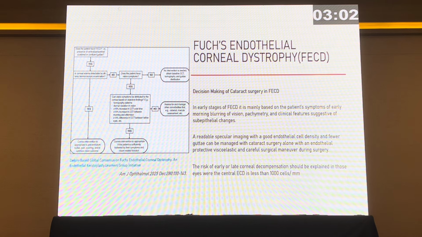Lots of cornea specialists all over India, all over the world, came to a consensus as to how to go about deciding on corneal intervention if you have FECD. This is actually good. But mainly I would say you should go by your clinical specular correlation. It should not be completely based on the specular.